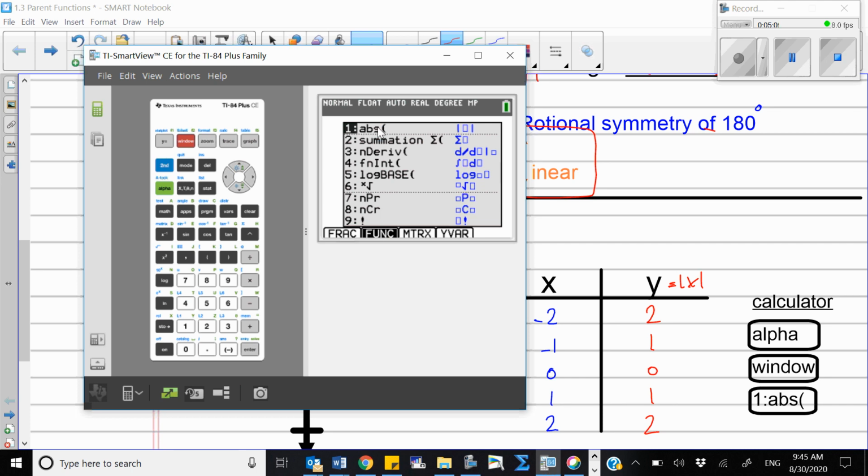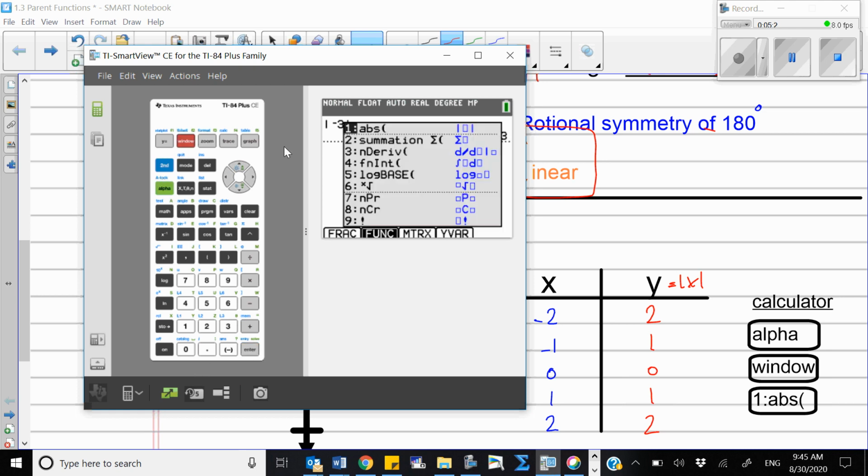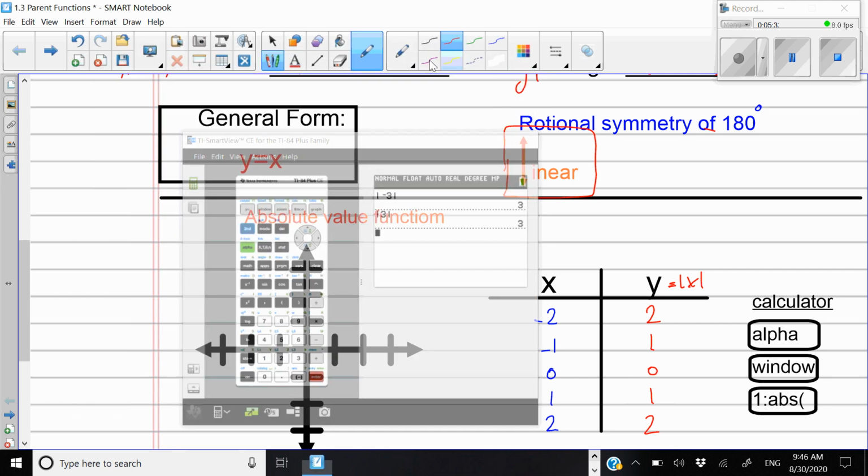The first one is absolute value. So you choose number 1, and then it's going to give this to you. Let me give it -3, for example. The answer is 3. Once again, alpha, window, and number 1. This time I'm going to give it 3, and it's again 3. So that's how we use our calculator for that.